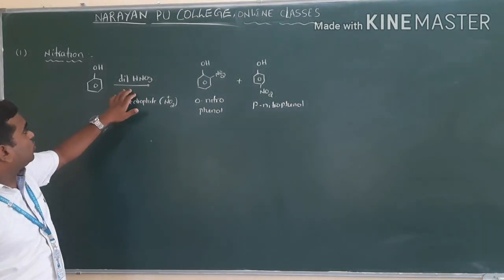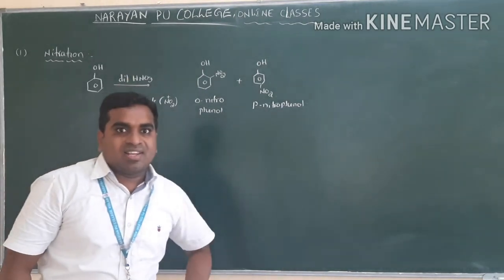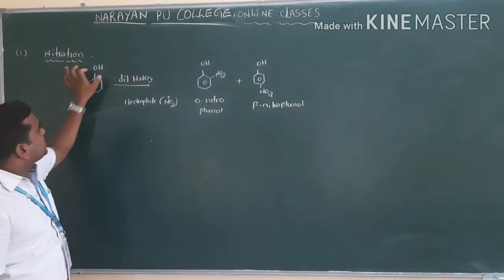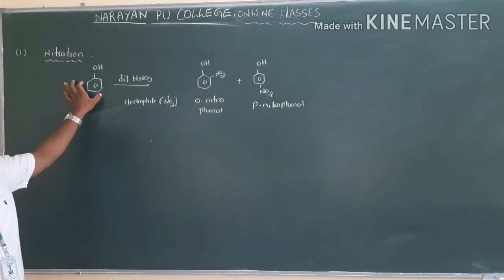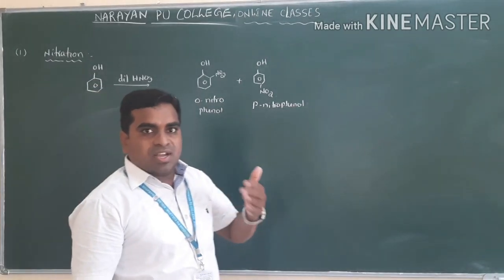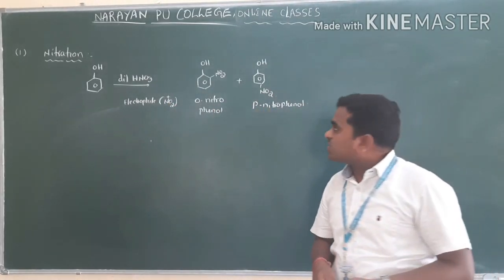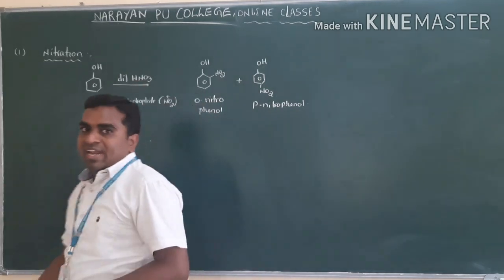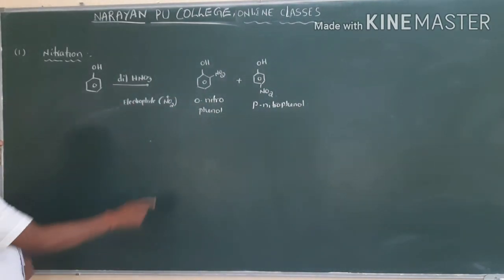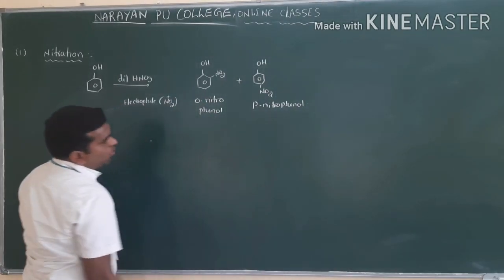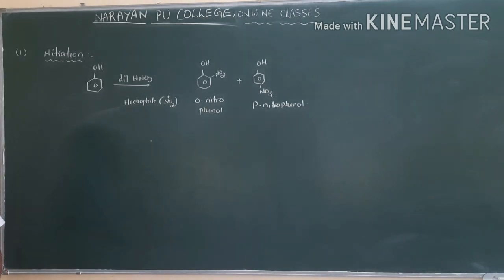But here we need not take any Lewis acid catalyst. Why? Because OH activates the benzene ring to a very large extent. So that's why you need not take any catalyst here. Directly, one is orthonitrophenol and the second one is para-nitrophenol.